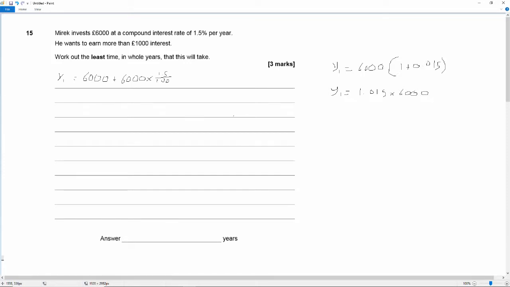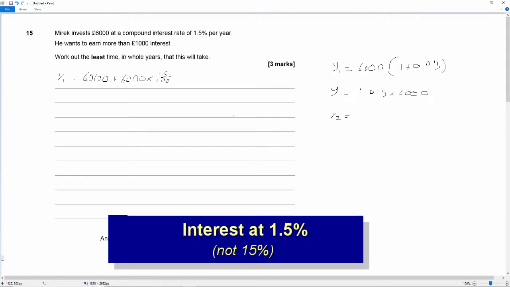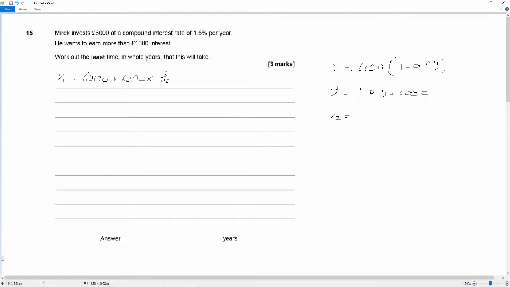Now, what's going to happen in year two? Well, year two is basically going to be the total amount for year one plus the interest at 1.5%, which is going to be 1.015 times everything in year one. So it's 1.015 times all of this.